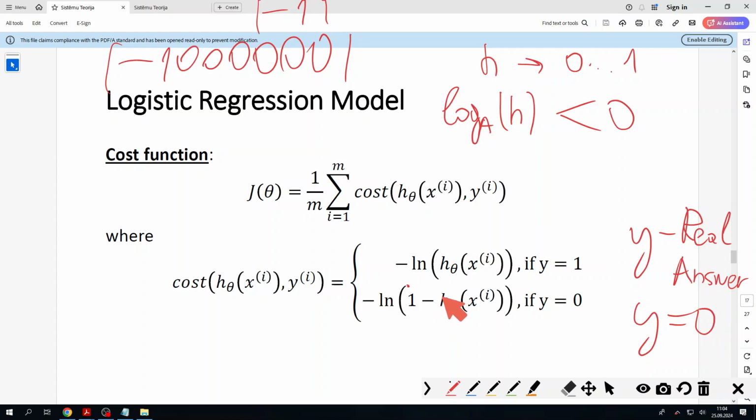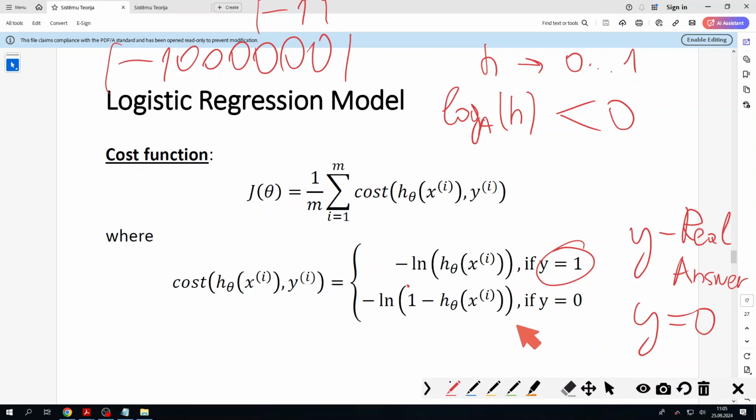And since this is a probability, and you have the probability of finding yes, and you need to know the probability of finding no, you simply take the complement of this probability by calculating 1 minus probability, and that is the probability of the opposite event. Otherwise, this formula is the same, it's just that we are focused only on the positive outcome, on y equal to 1. And if it happens to be not, then we are going to use this kind of formula.